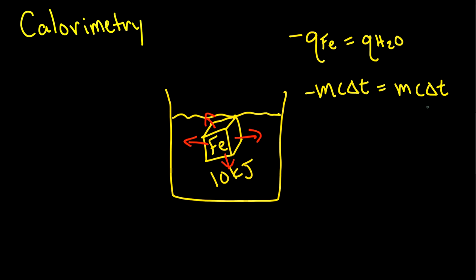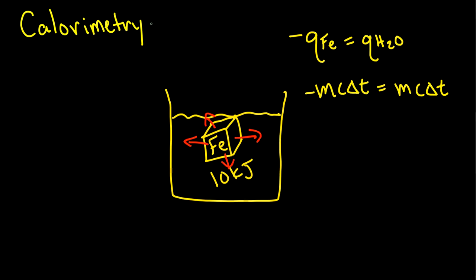And from that, we can solve for any of these variables if we know the other ones. So for instance, if I knew the masses, specific heats, and the initial temperatures, I could find out what the final temperature is of both substances in the system.